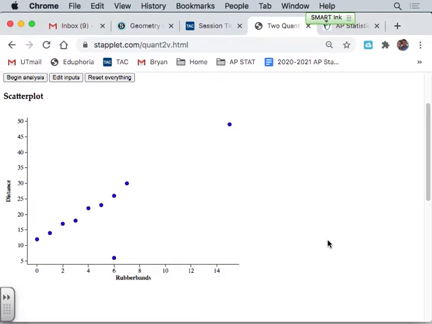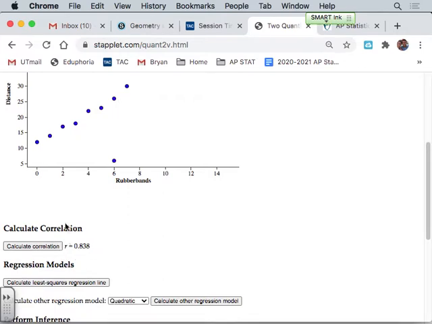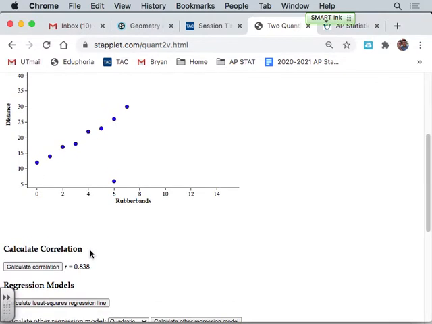So what is this going to do to our strength, our correlation? It made our R value 0.838. R equals 0.838. So it weakened it, right?